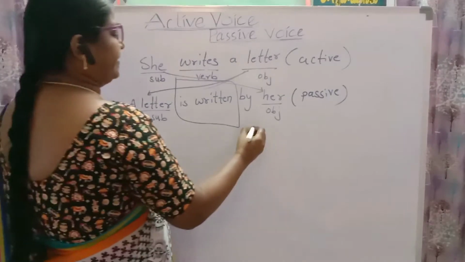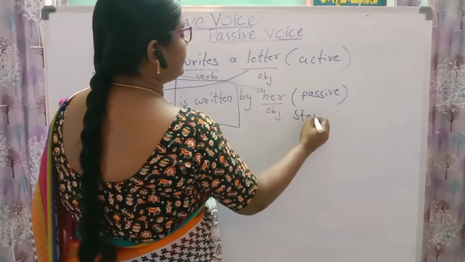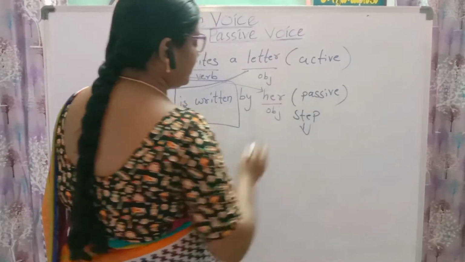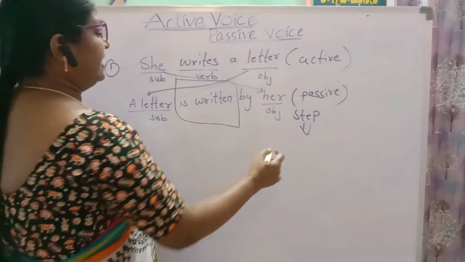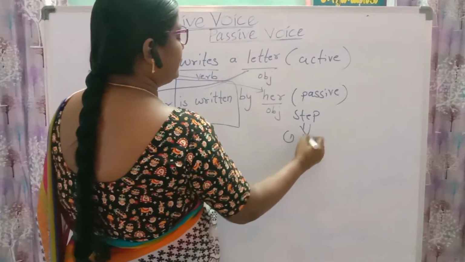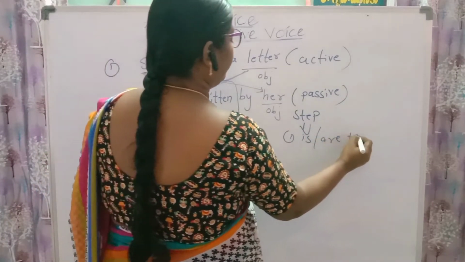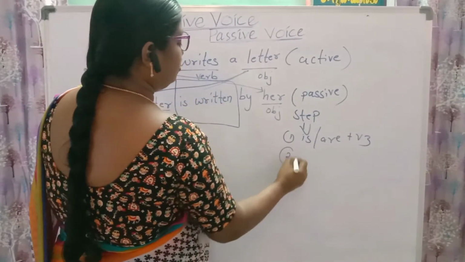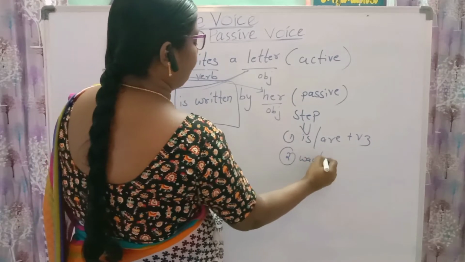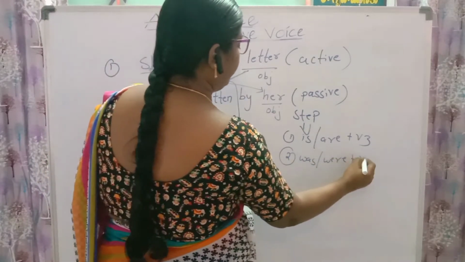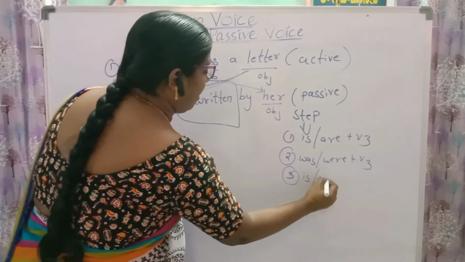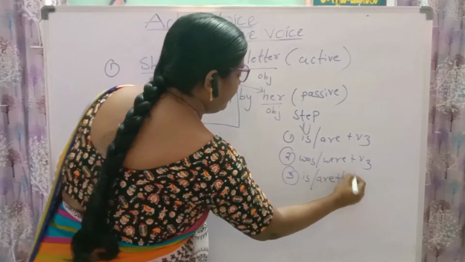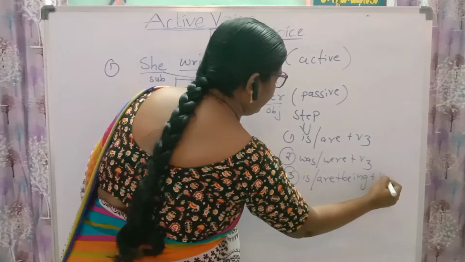Let us see some steps to change a sentence which is in active voice to passive voice. Step 1: is, are plus V3. Step 2: was, were plus V3. Step 3: is or are plus being plus V3.